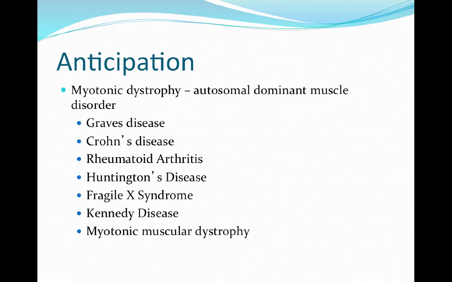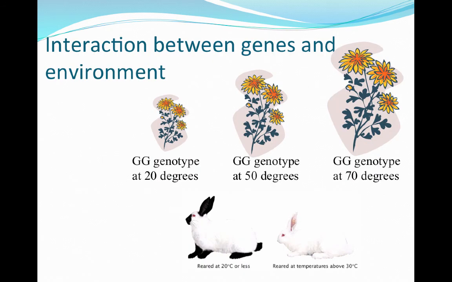So, for example, I have relatives that have Crohn's disease, and even though the parent's symptoms are pretty minor, their offspring potentially could have very severe Crohn's disease symptoms as well. So those symptoms get worse from generation to generation. So they anticipate, or are exacerbated, each generation.